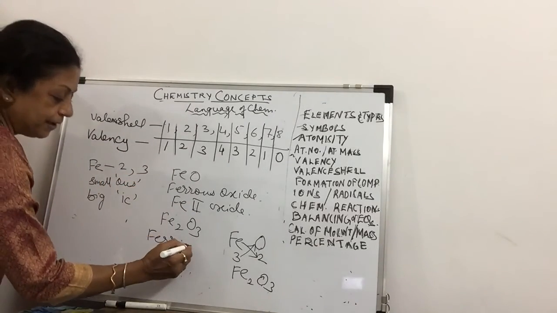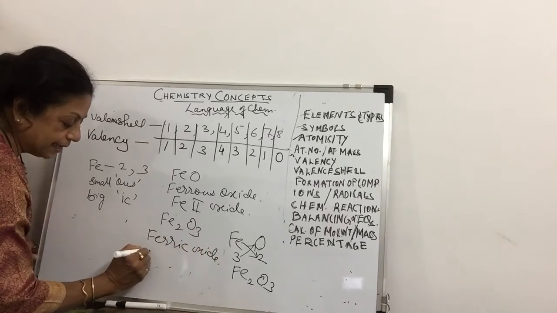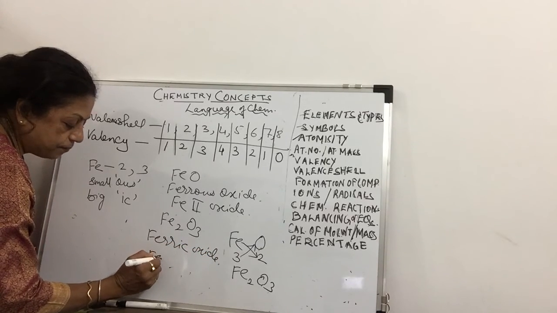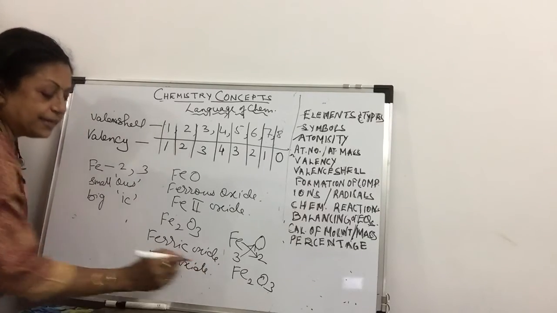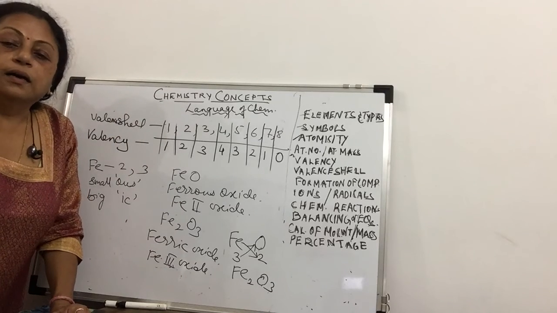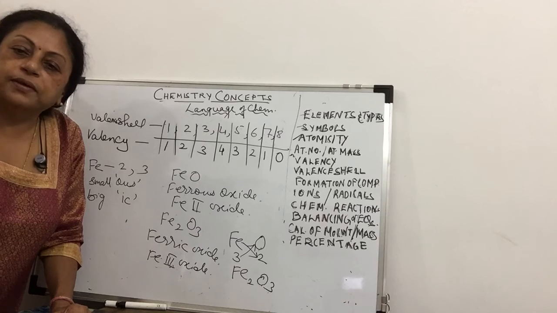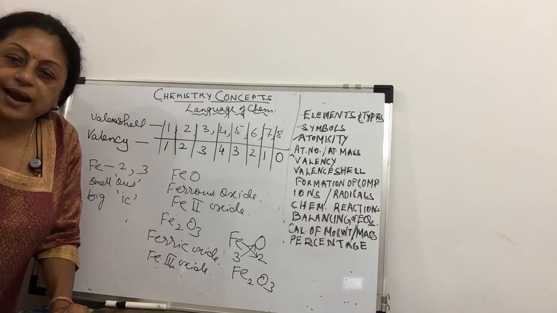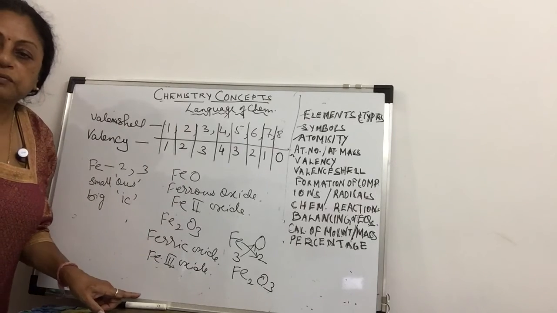And ferric oxide, nowadays you will see it written like Fe(III) oxide, the way they write King Pope John Paul the 4th, the 5th, the 7th. Nowadays the valencies are also written in this form.